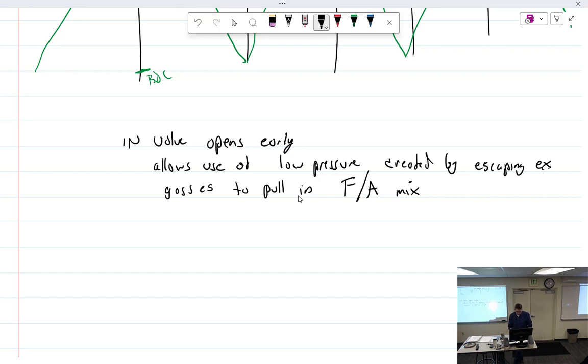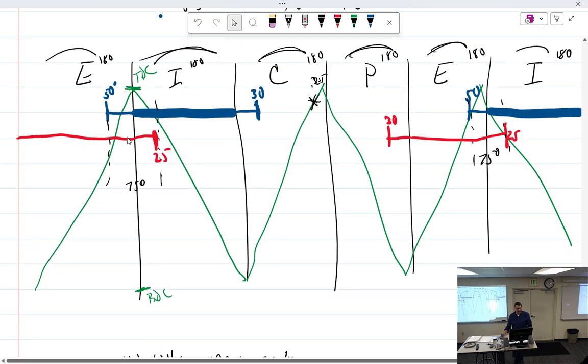If you open this intake valve too early, then the gases being pushed out the exhaust would want to go out the intake. And what happens to the fuel air mixture? You're going to have what's called a backfire. A backfire is synonymous to a burp. It goes the wrong way. An afterfire is synonymous to a fart.